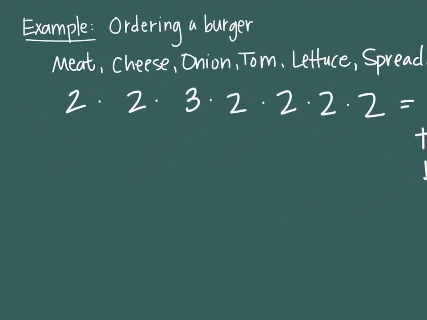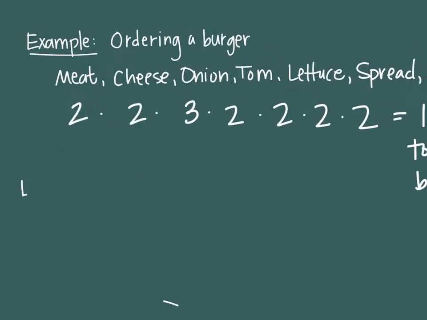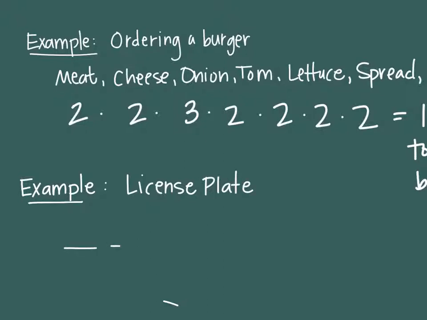So another way that this comes into play is when you get a license plate for your vehicle. In California, a license plate is 7 characters long. So let's imagine that we've got 7 blanks to fill on this license plate: 1, 2, 3, 4, 5, 6, 7.